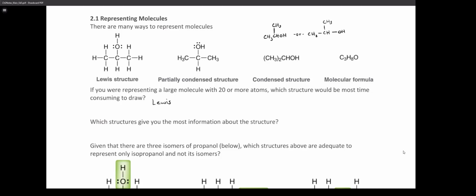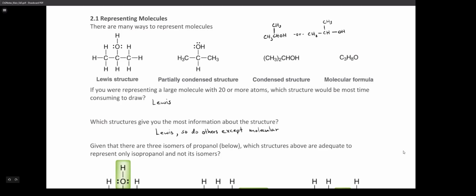Also the Lewis structure. The Lewis still gives you the most information, right? But, you know, so do all the others except, which one gives you the least amount of information? The molecular formula, right?